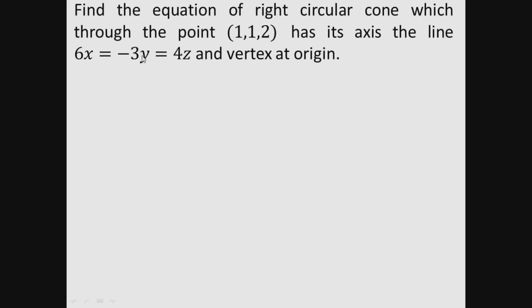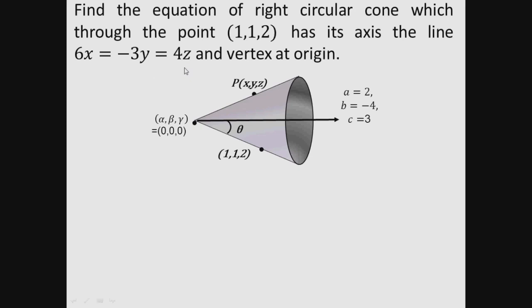Now here coefficients of xyz are not 1, so we can make it 1 by dividing by the common term, that is 12. So divide all these 3 terms by 12, so it becomes x by 2, this becomes minus y by 4, and this becomes z by 3. So that gives us DRs of axis, that is a is 2, this will be y by minus 4, so b will be minus 4, and 4z by 12, so it becomes z by 3, so c will be 3.